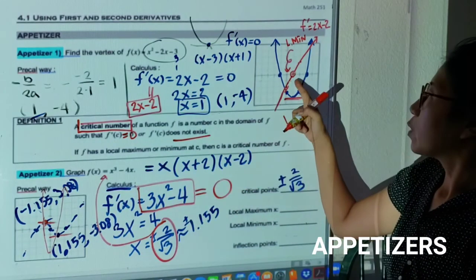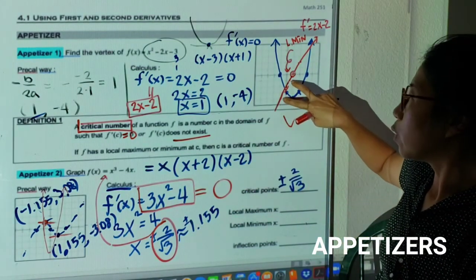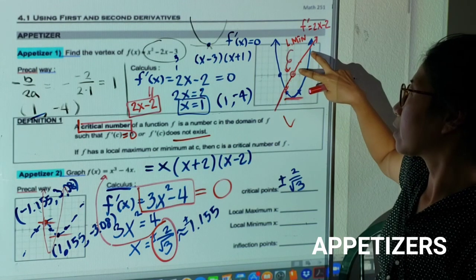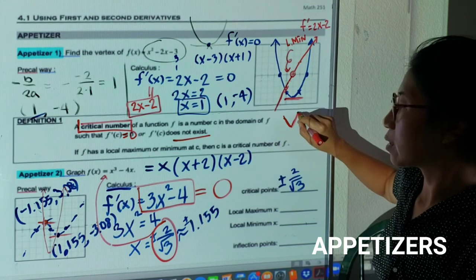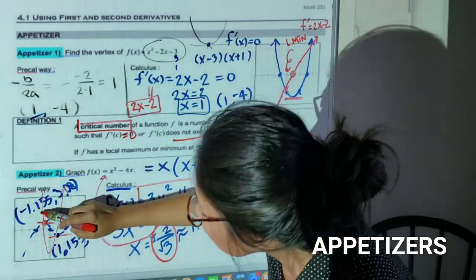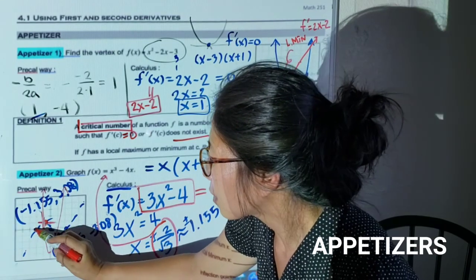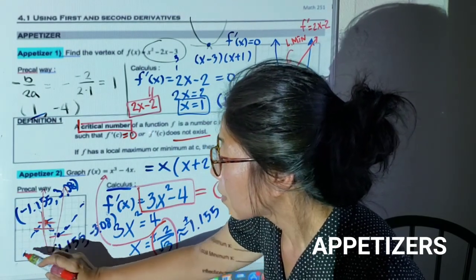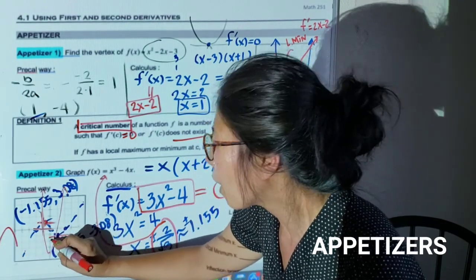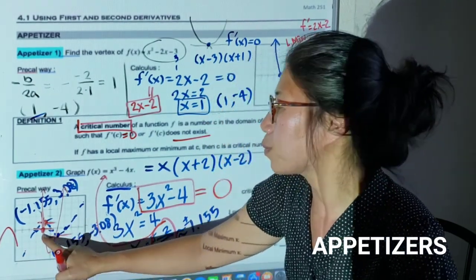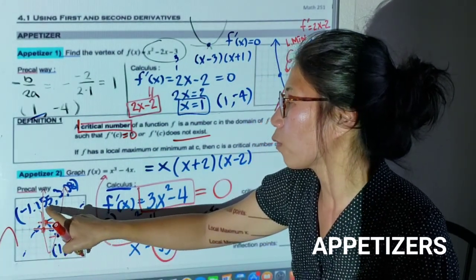We talked about earlier, if it goes red color, my first derivative is below the x-axis and above the x-axis, it changes, meaning decreasing and increasing, so it becomes a local minimum. Now look at this time, it's going to be above the x-axis and then below the x-axis. Above the x-axis means increasing and then decreasing, so this point is representing the local maximum, which is negative 1.155.